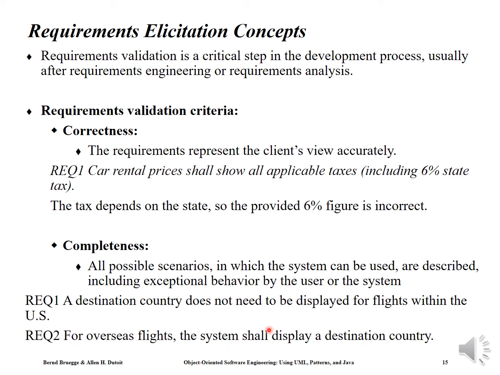Now what about Canada and Mexico? They are neither within US nor overseas. So what will happen if the destination country is Canada or Mexico? That scenario is not mentioned. So this is about completeness.